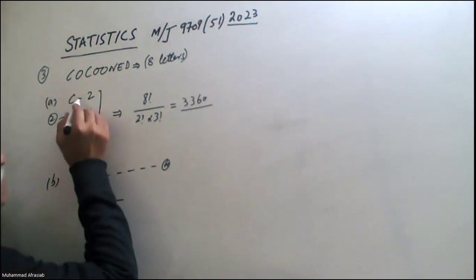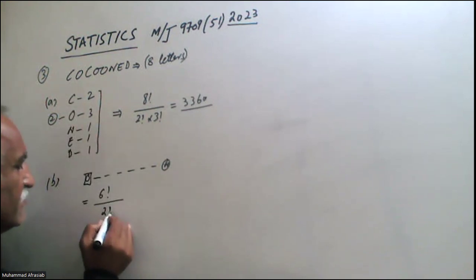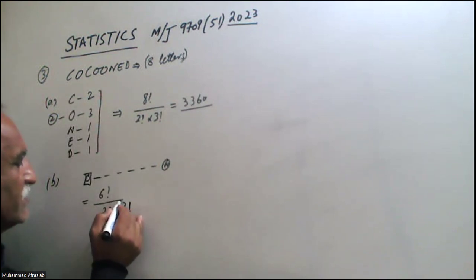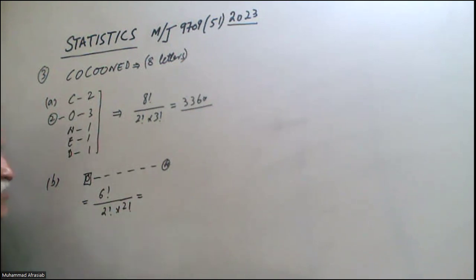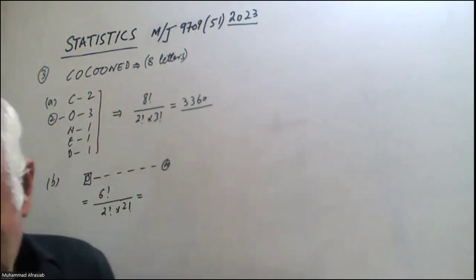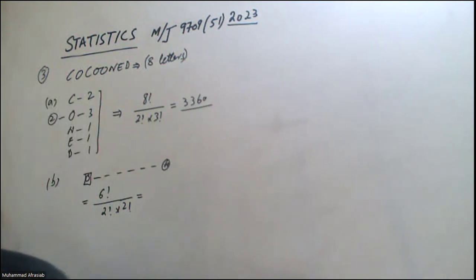So 2 C's are repeating and 2 O's are repeated. So it should be equal to 6 factorial divided by 2 factorial into 2 factorial, and that answer is basically equal to 180.